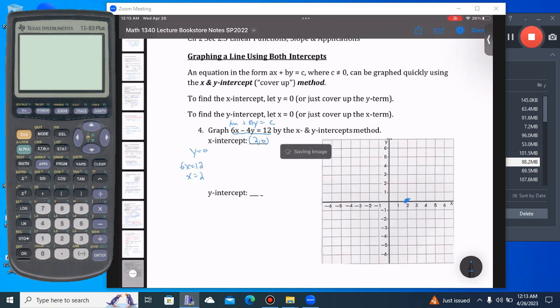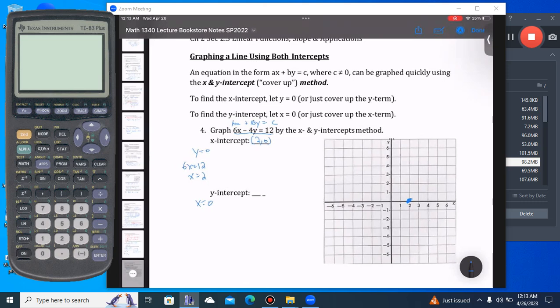For your y-intercept, let x equal 0. You get -4y equals 12, y equals -3. So (0, -3) is the y-intercept. And we can graph it with just those 2 points. The easiest way is to find 2 points.